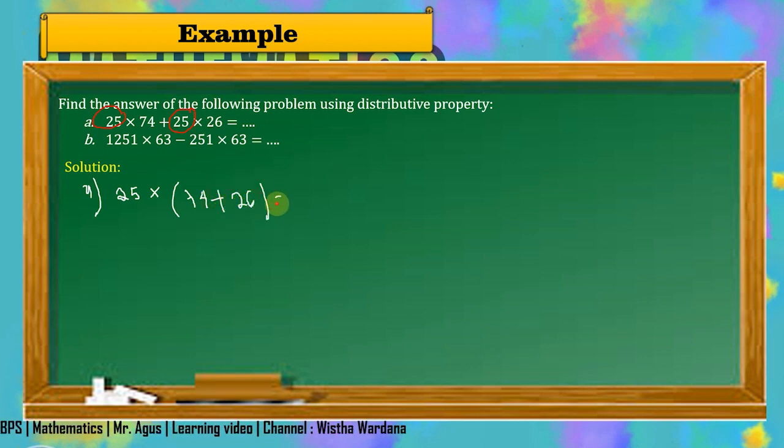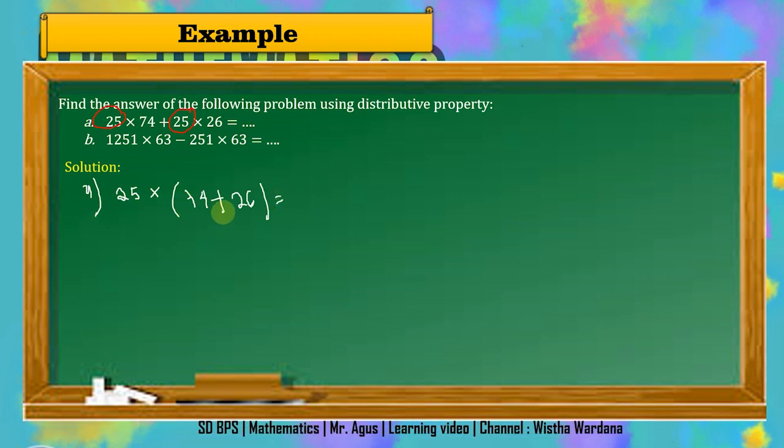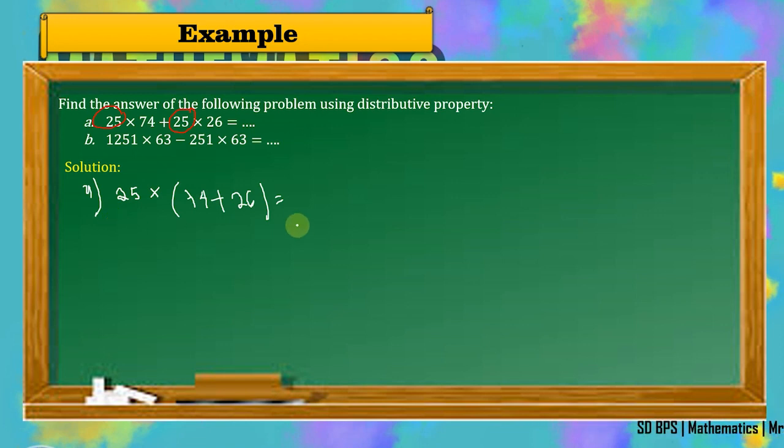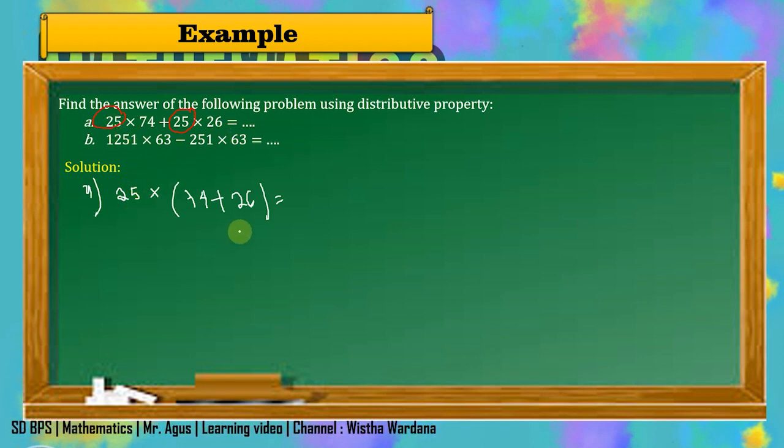So the question will be like this. You can change the question into this one, because in the distributive property you can change this format into this format.